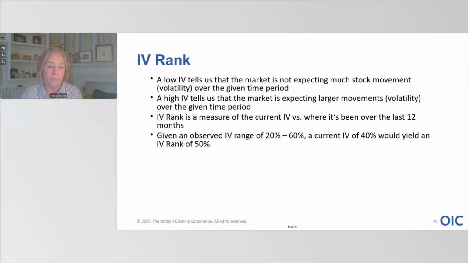So if the 50% mark is actually 45, and 40 is lower than that, then it tells you that right now implied volatility is lower than the average of the volatility in the last year.